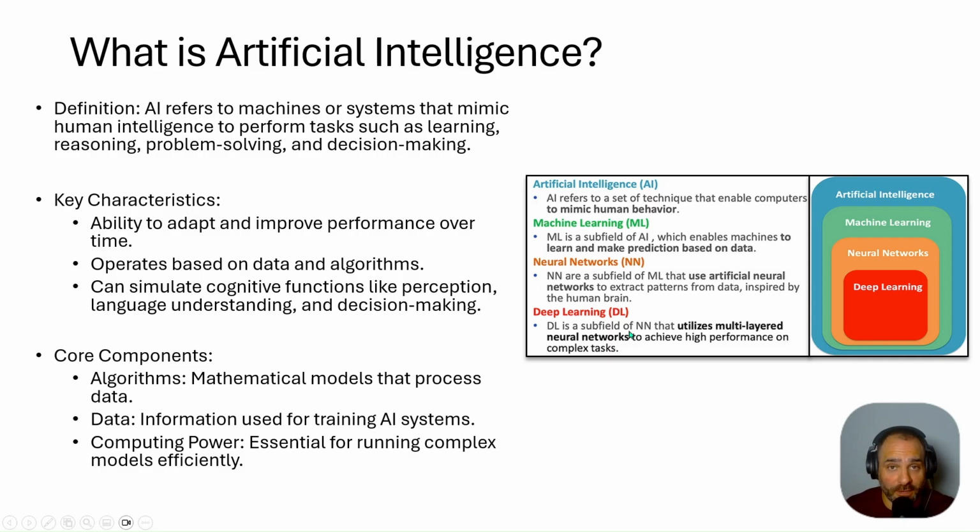Going into deep learning, what is deep learning? Deep learning is a subset of neural networks. Each one of these, as I mentioned, builds on the last one. It utilizes multi-layered neural networks to achieve high performance and complexities. Anything in computers has started out somewhere. Computer systems work off of a layering system, much like this system is doing on itself.